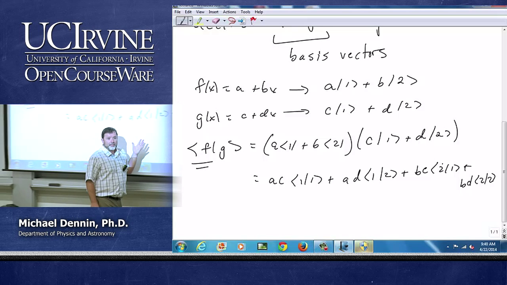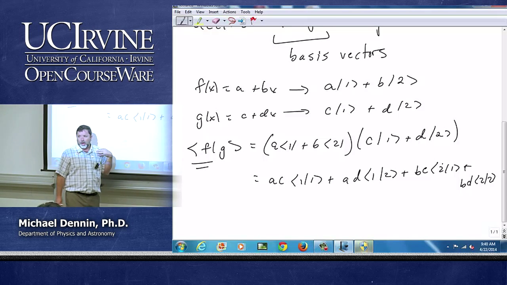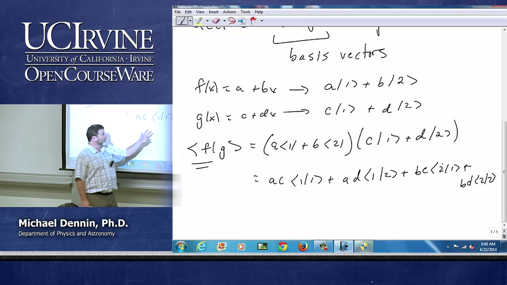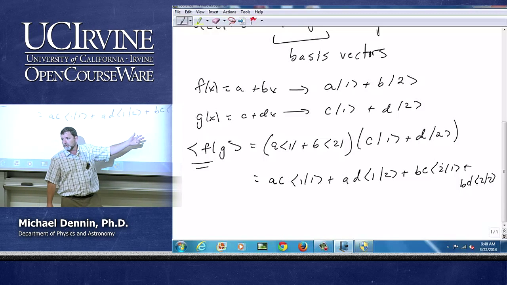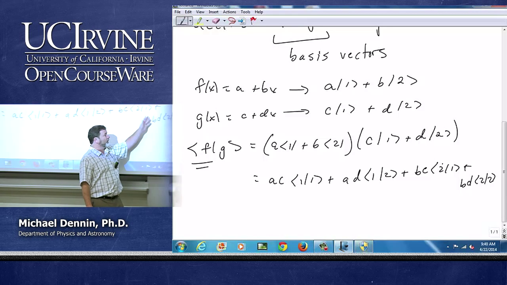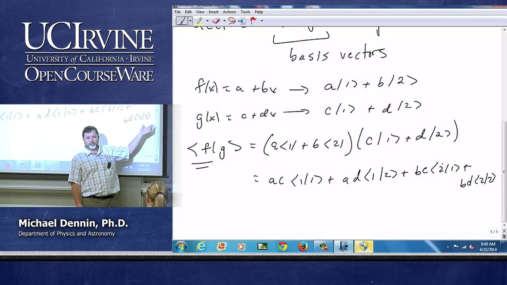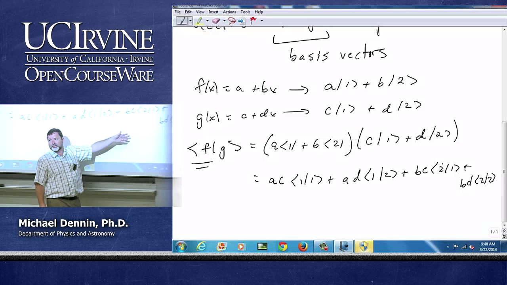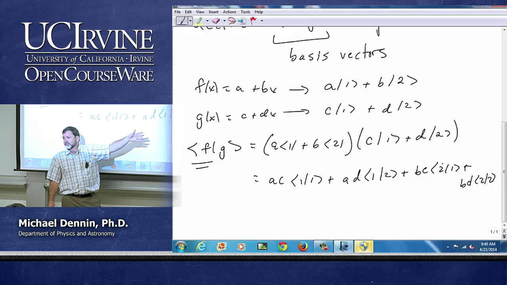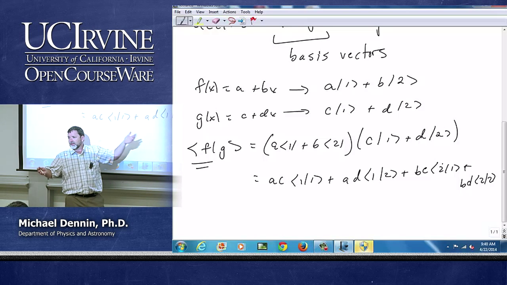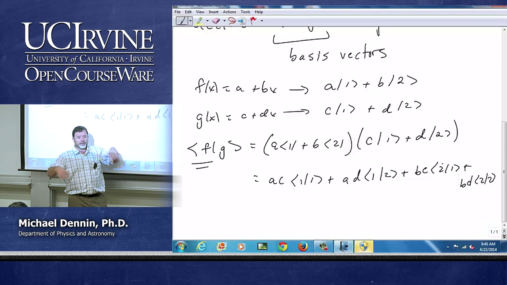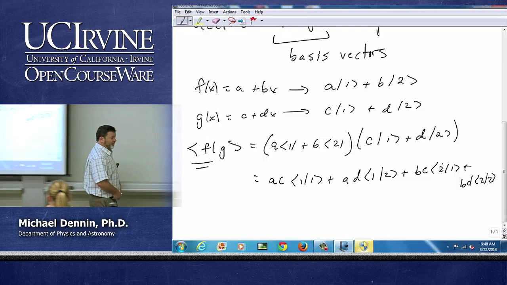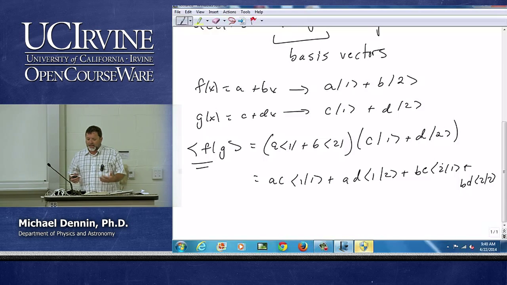Notice, to be a basis, I didn't have to make them orthogonal. I could have defined a different scalar product, right, where <1|1> was 6, <1|2> was 3, <2|1> was -1, and <2|2> was 5. And I would still know how to compute this scalar product. It would be a weird definition of it. It would not be orthonormal, but it would still work. I'm free to do that. And that's why there's a certain arbitrariness in this particular case.